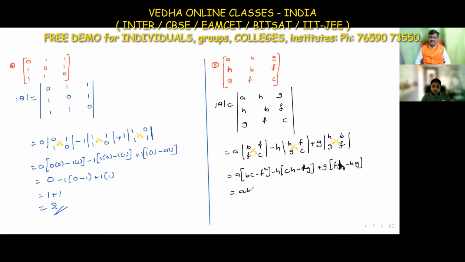Now multiply: A B C minus A F square, minus minus gives plus, F G H, minus C H square. Here also we get F G H, minus B G square. We got two F G H terms. So A B C plus 2 F G H minus A F square minus B G square minus C H square. This is the required solution. Understood?